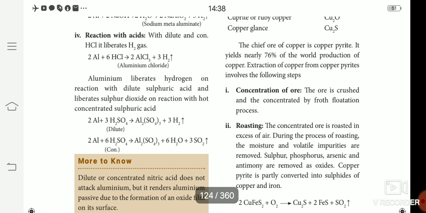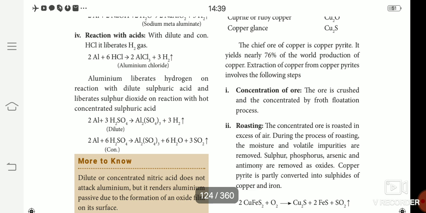During roasting, moisture and volatile impurities are removed. For example, sulfur, phosphorus, arsenic and antimony are removed as oxides.